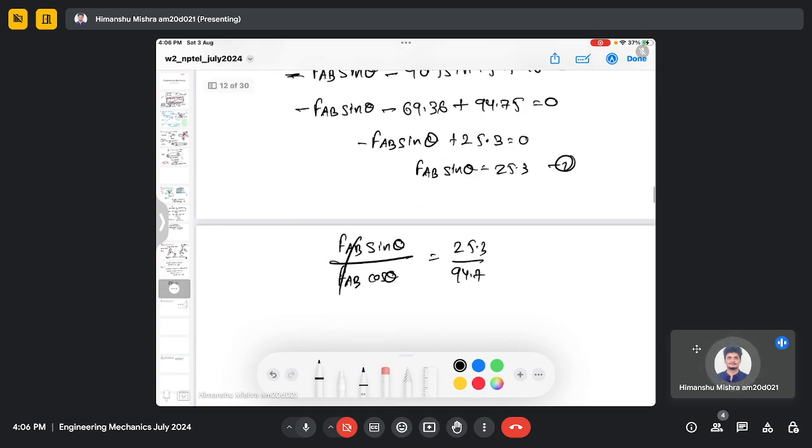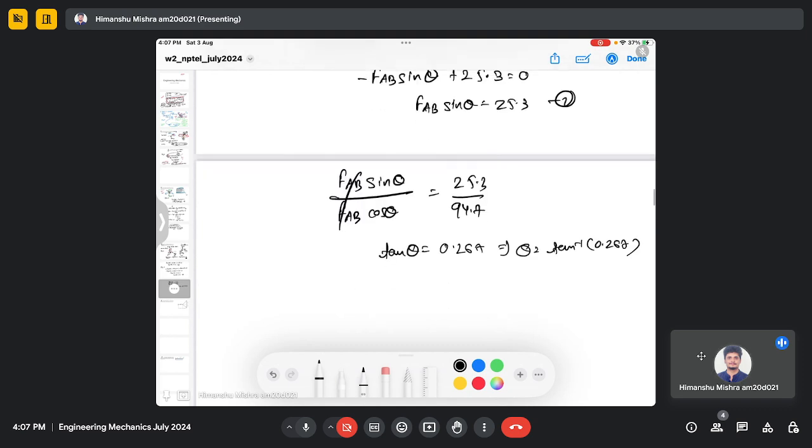So FAB will be cancelled and sin theta by cos theta will be tan theta, which equals 0.267. Theta is tan inverse 0.267, so theta will be 15 degrees.